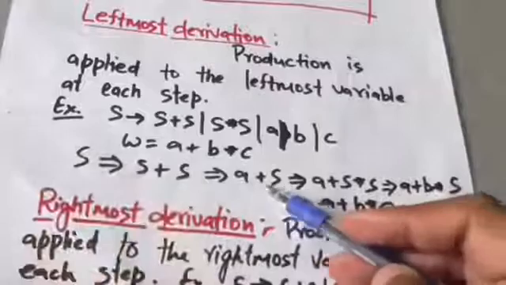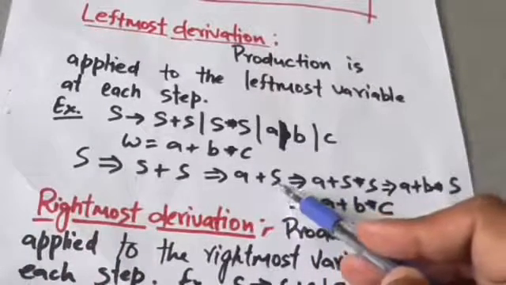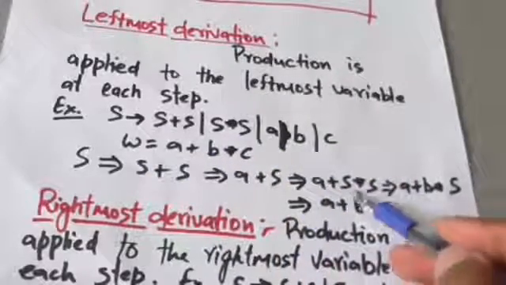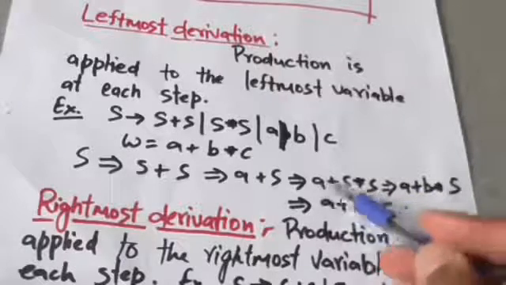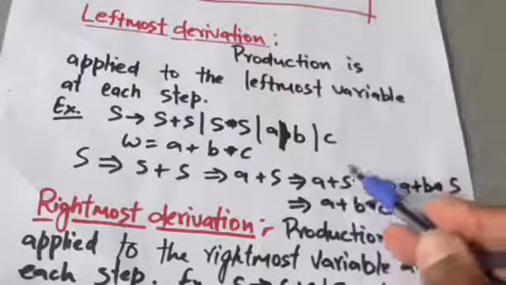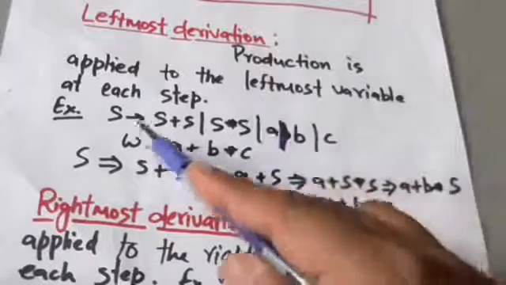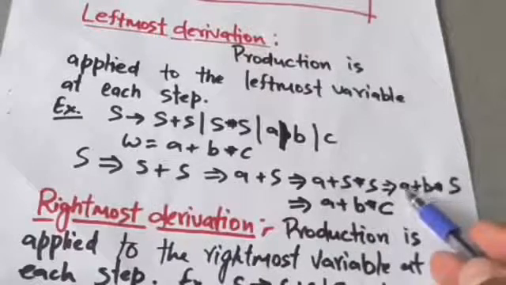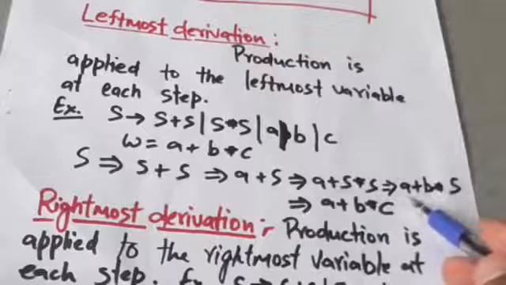Now in this string, I have applied the production rule S derives S into S. So this S is replaced by S into S. Now again, there are two variables, but I will apply the production rule to the leftmost variable. I have applied the production rule S derives b. So this S is replaced by b. So after replacing this S by b, I got this string.